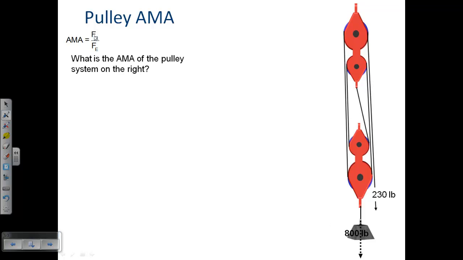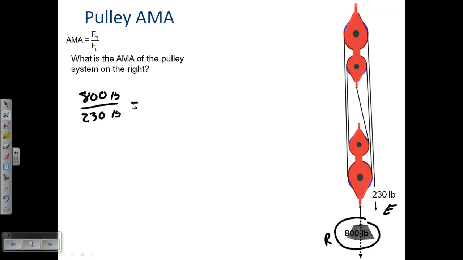Well, we know the actual mechanical advantage is the force of the resistance over the force of the effort. Well, what's the resistance? This is my resistance force, and this is my effort. I'm putting 230 pounds in to lift this 800. So the force of my resistance is 800 over my 230 pounds of effort.